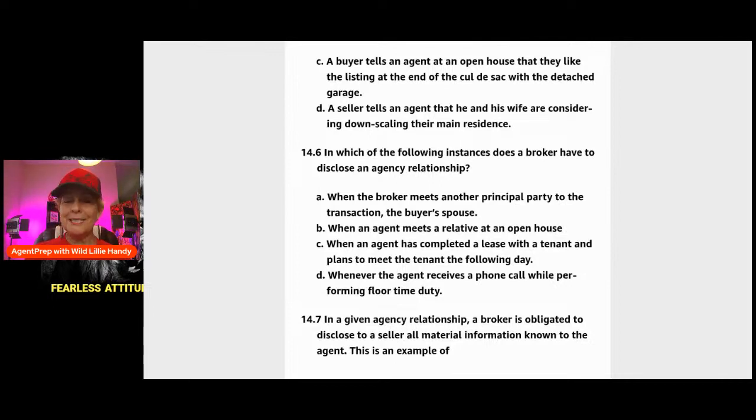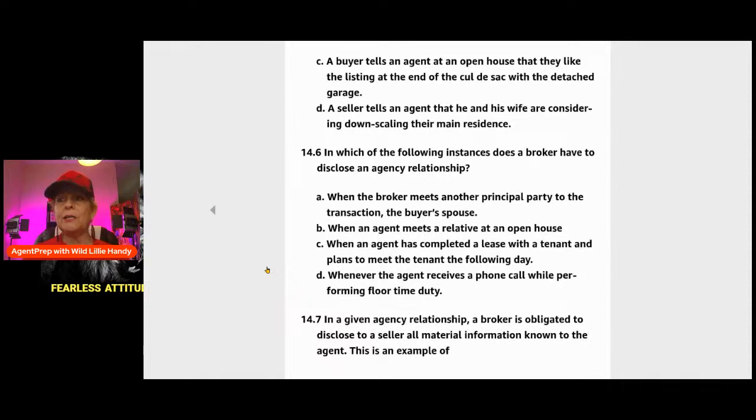All right, number 6. Now we're on number 6. In which of the following instances does a broker have to disclose an agency relationship? A, when the broker meets another principal party to the transaction, the buyer's spouse. B, when an agent meets a relative at an open house.